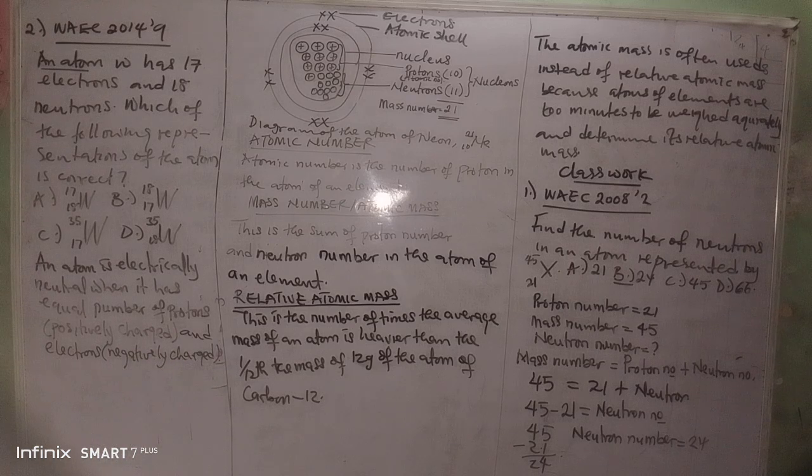So when they say an atom, they did not say an ion. They say an atom. It means it is electrically neutral. It means the number of electrons is equal to the number of protons.